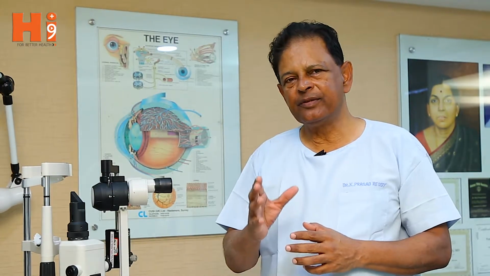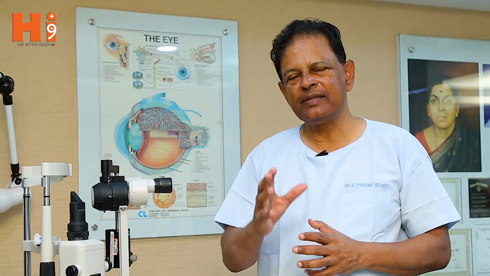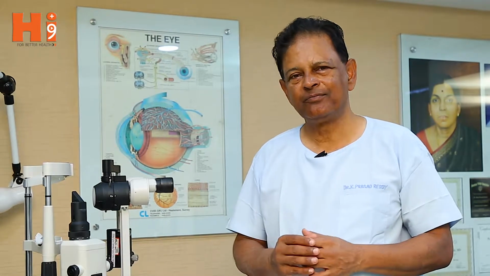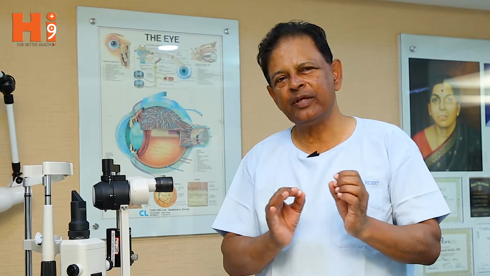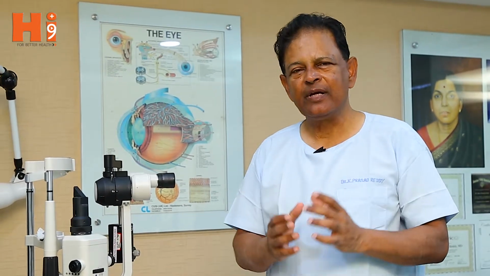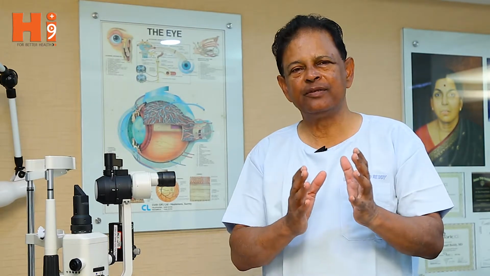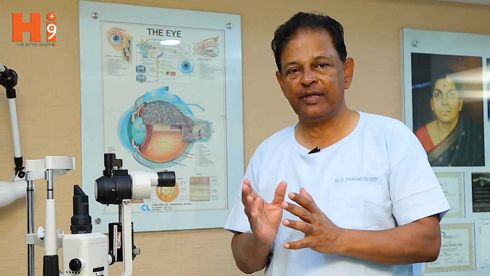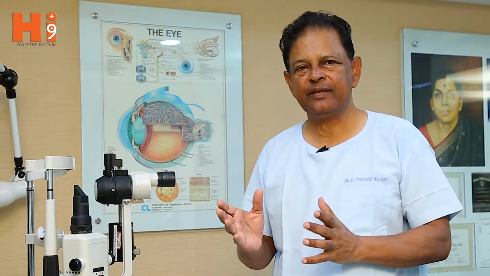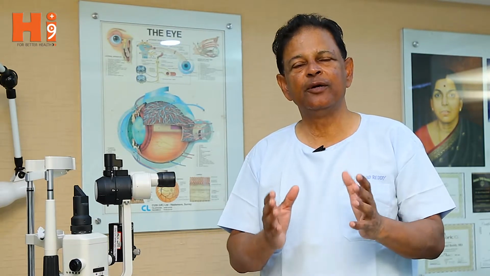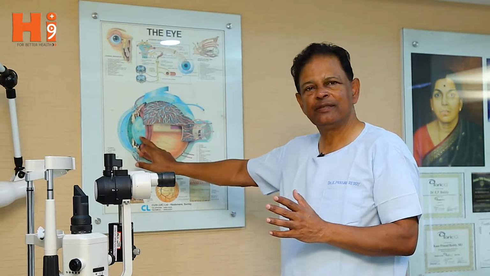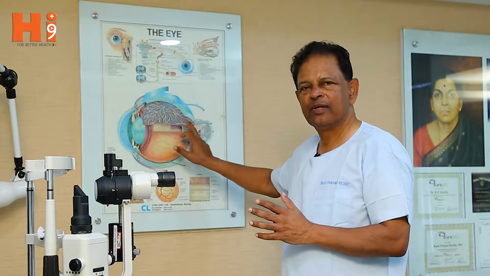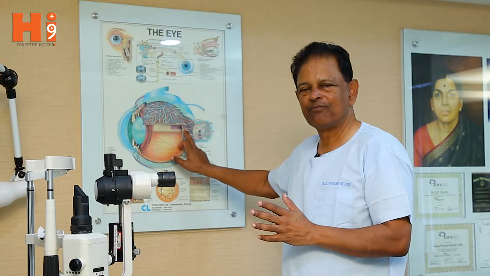Diabetic retinopathy, to understand that, you should understand what a retina is. For that, very quickly I will take you back to the camera. A camera has a lens in the front to focus the image from outside and a film inside. Similarly, the eye also has a lens in the front and also a film in the back.